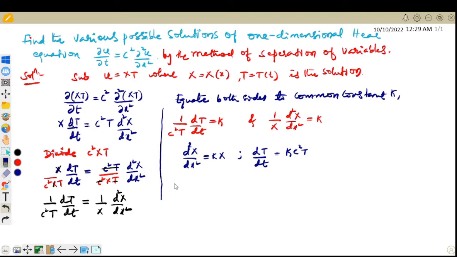Further, this can be written as D square X minus kX equal to 0, where D square refers to d square by dx square. Similarly, the second one becomes dT minus k c square T equal to 0, where D refers to d by dt.